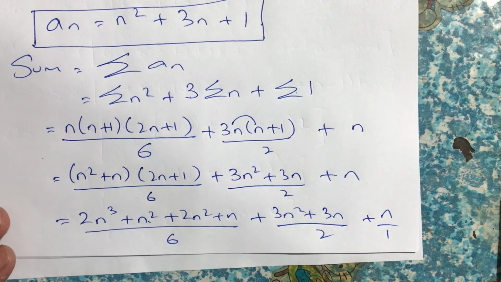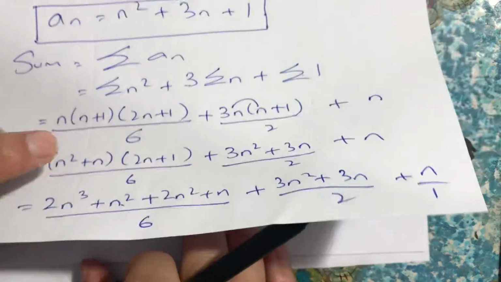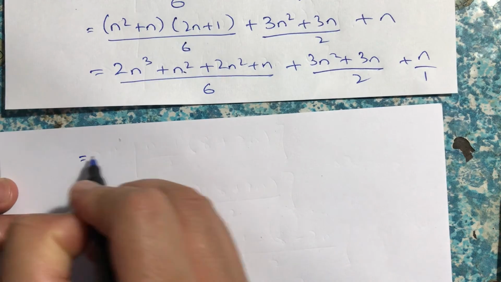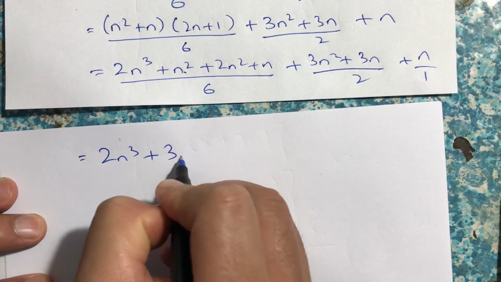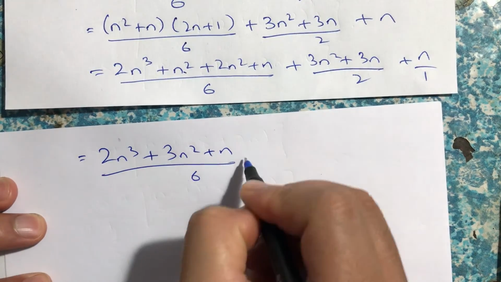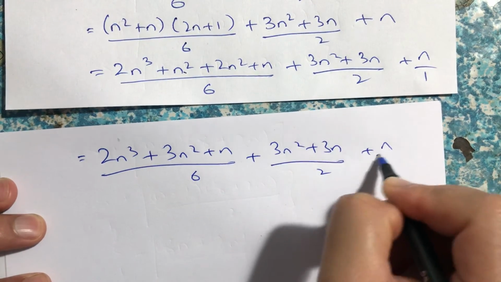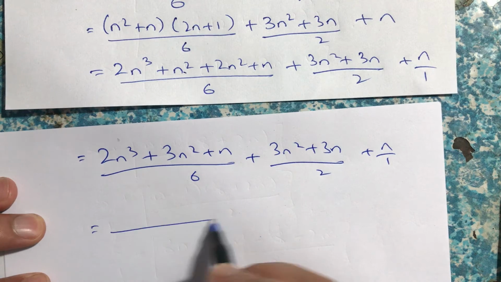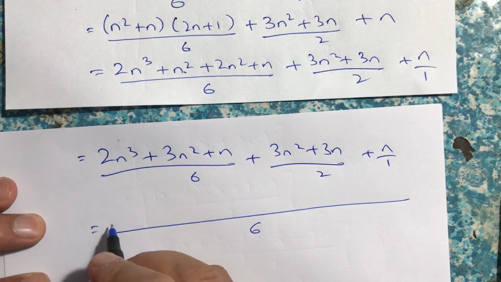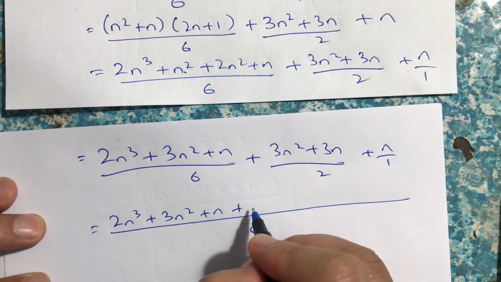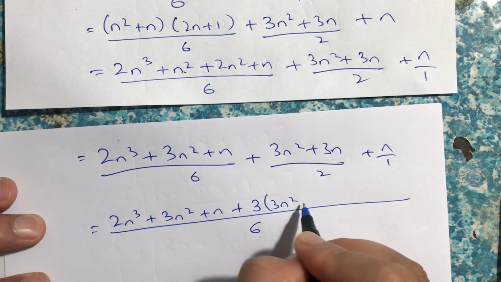Now over here these two can be added, and when I add these two, what will we get? We will be getting 2N cubed plus 3N square plus N by 6 plus 3N square plus 3N by 2 plus N by 1. What we can do is find the LCM now. 6 ones are 1 will give me the same thing, plus 2 3s are 3 will multiply 3N squared plus 3N.